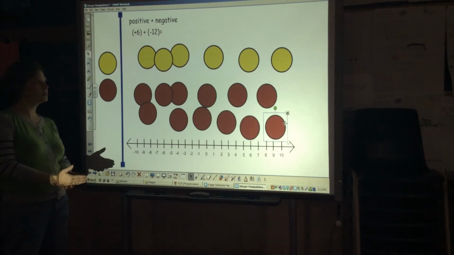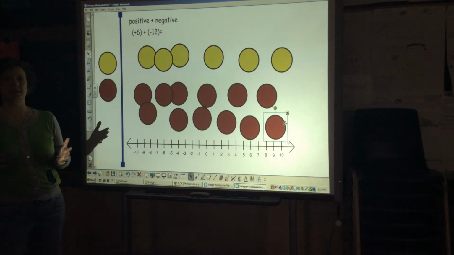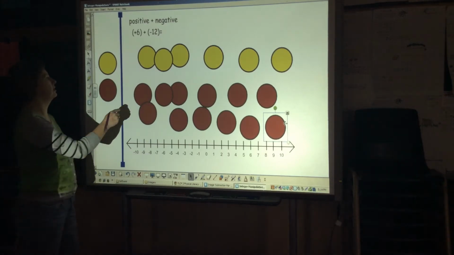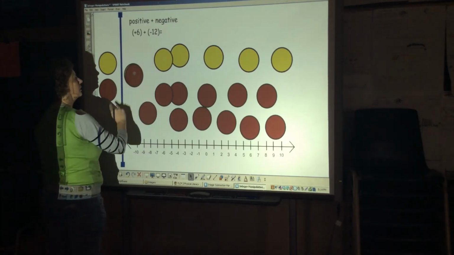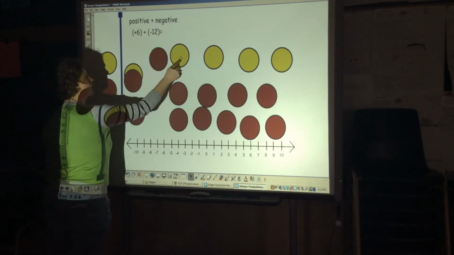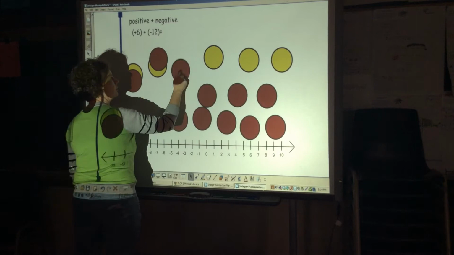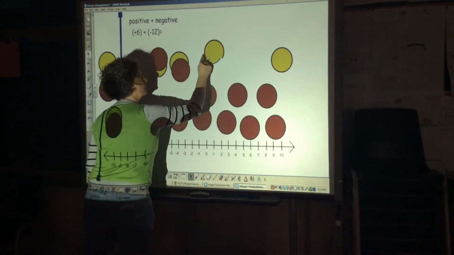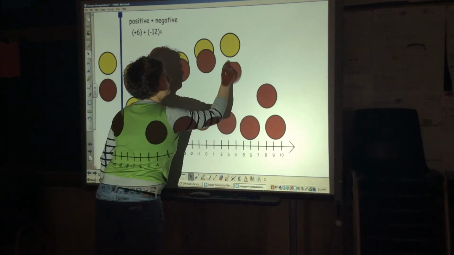Remember, one yellow counter and one red counter create a 0 pair, which means it cancels itself out. So I have a red and a yellow here, which makes 0. I have a red and a yellow here, which makes 0. A red and a yellow here that makes 0. A red and a yellow here that makes 0. Another one and another one.